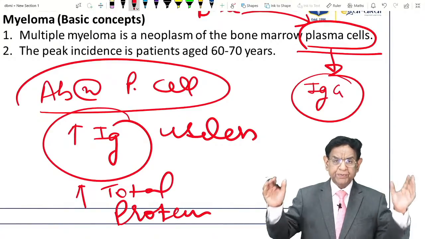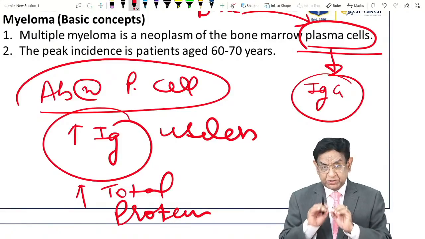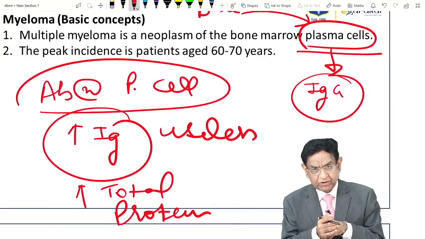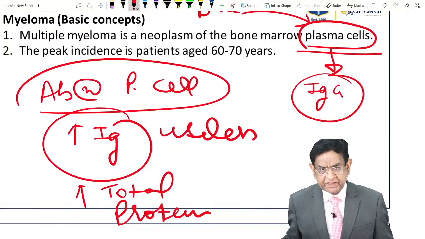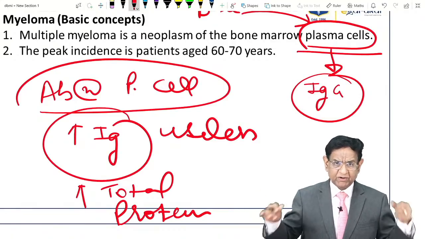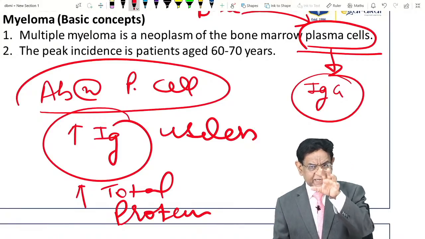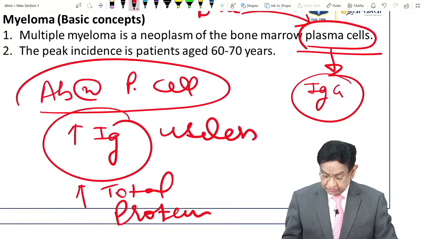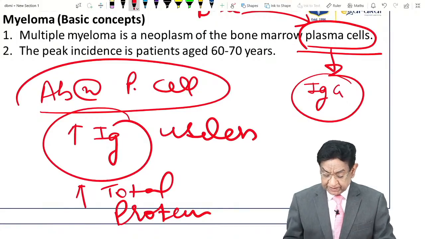So they contribute to the number, but not to the efficiency of the work. Rather, they are useless. It is like a city or village where the population is very high, but none of them is working. They are all sitting idle, useless people. So we are getting useless immunoglobulins, but the number is increased. So increased total protein is the basic reason, while the total good immunoglobulin is reduced.